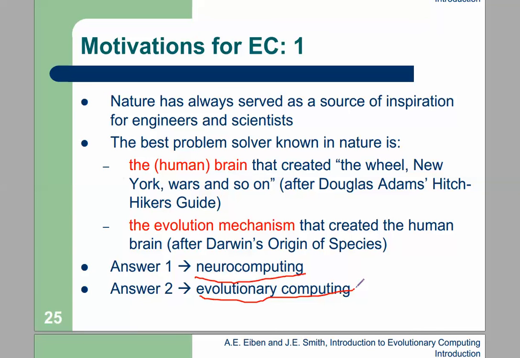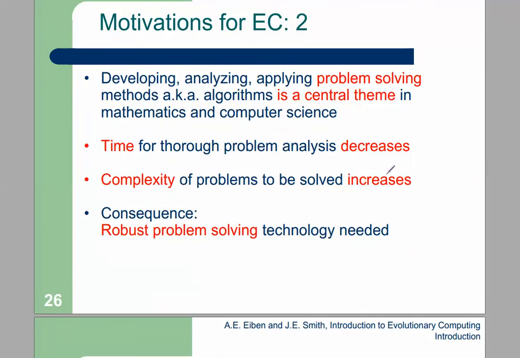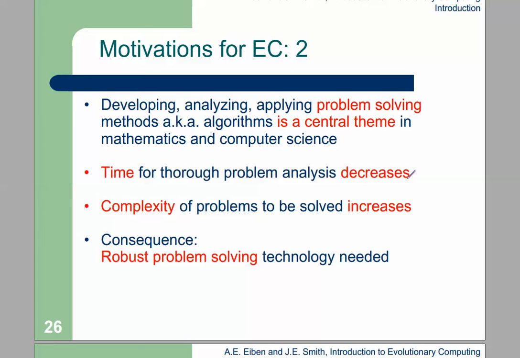This course refers to the second one, and evolutionary computing is a part of computer science that can solve some problems that cannot be estimated in some special way, such as by differential equations or by mathematics.